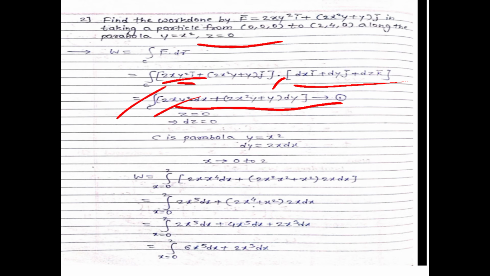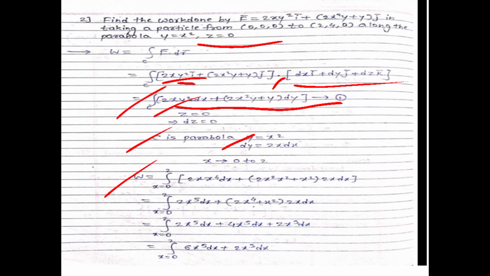Now as the given curve c is a parabola, we will apply the equation of the parabola y is equal to x square and differentiate. So dy is equal to 2x dx, and here the limit is very important as we are calculating work done. So x varies from 0 to 2.